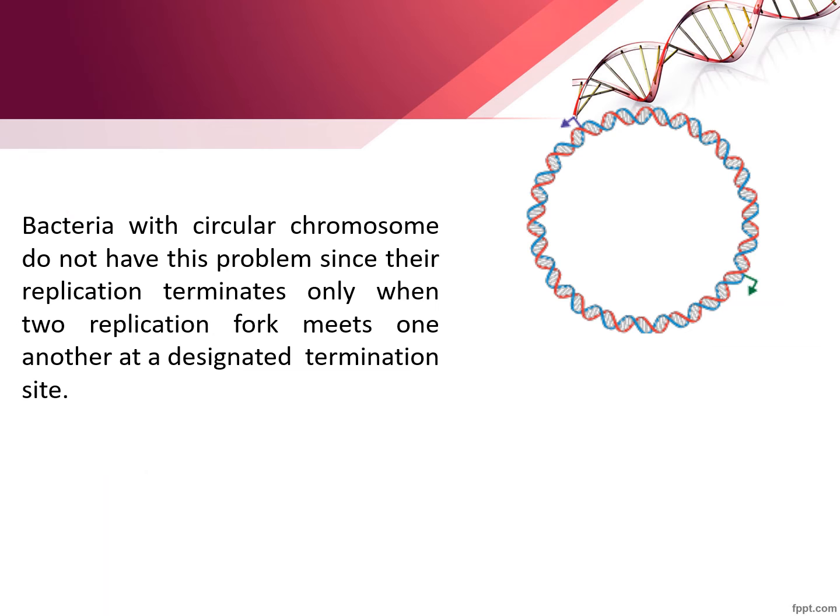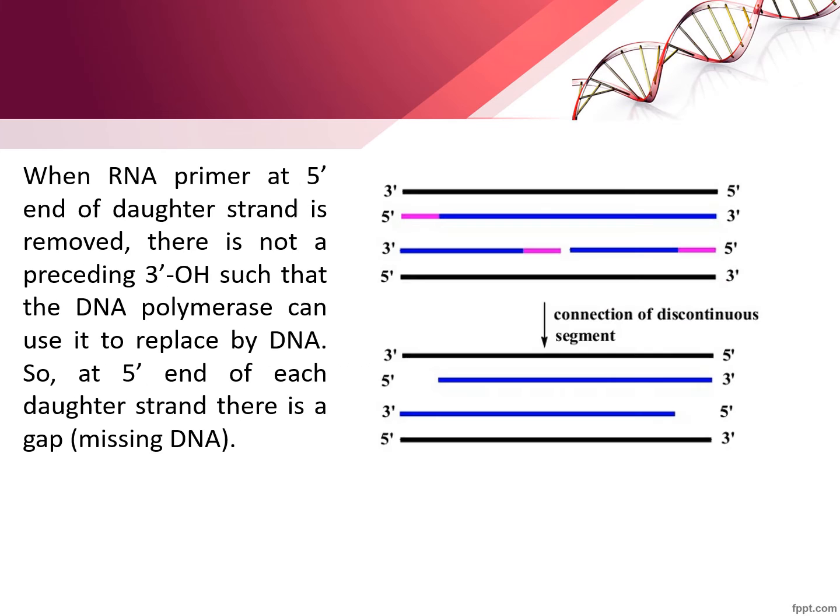Bacteria with circular chromosomes do not have this problem since their replication terminates only when two replication forks meet one another at a designated termination site. But in eukaryotic organisms with linear DNA, there is a problem.